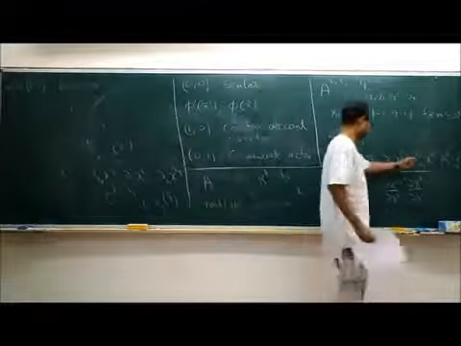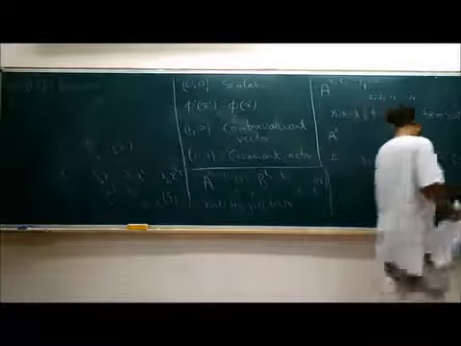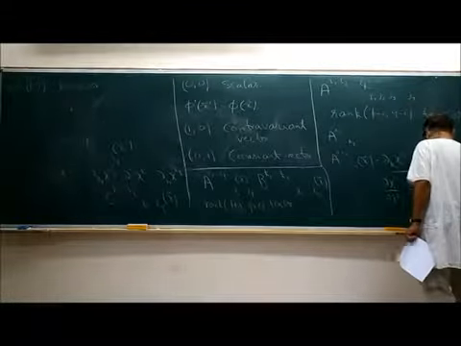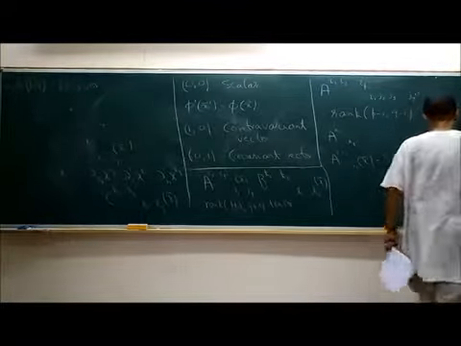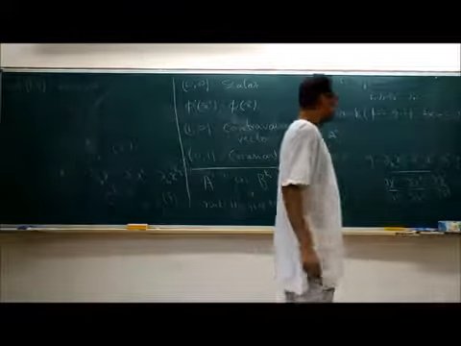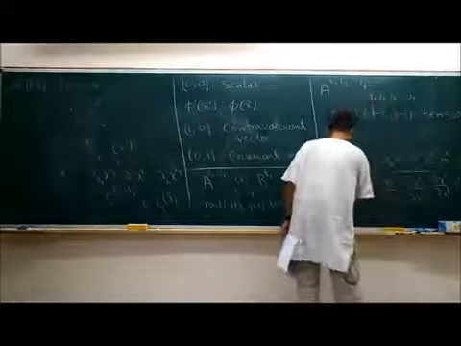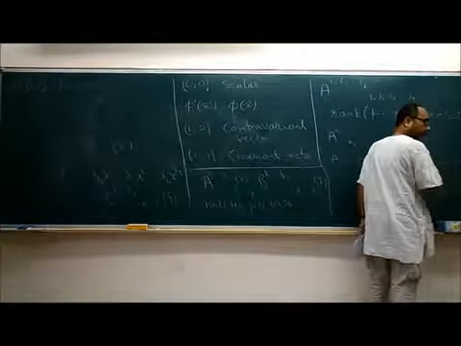By the chain rule, this is nothing but del x l1 over del x k1, which is delta l1 k1. So the right hand side becomes delta l1 k1, which allows us to set l1 equal to k1 and sum over k1.